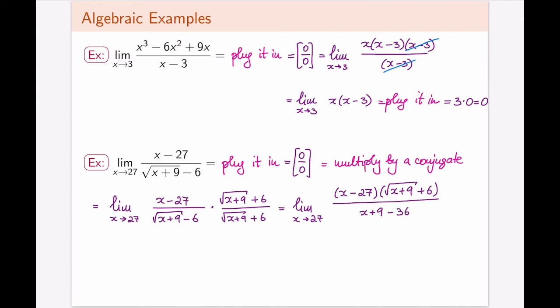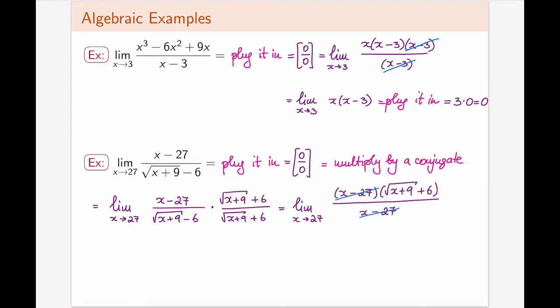6 squared is 36. Okay, I can of course do the addition here, x plus 9 minus 36. I'm going to skip a step in rewriting this. 9 minus 36 will result in minus 27. And now this is really quite excellent news because notice now I have the factor of x minus 27 on top and I have a factor of x minus 27 on the bottom.